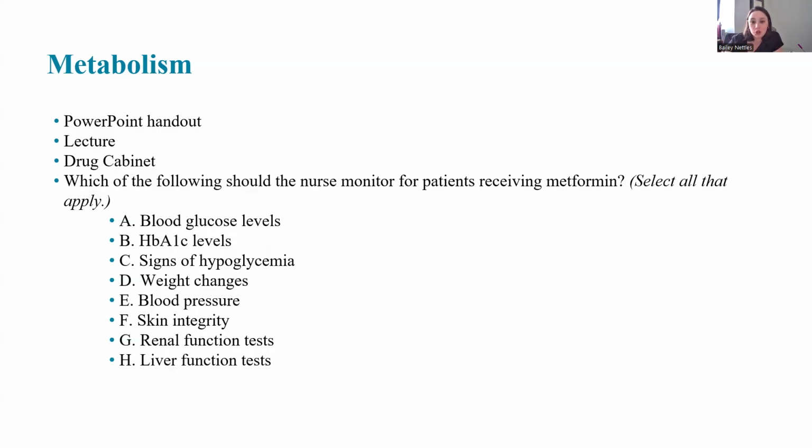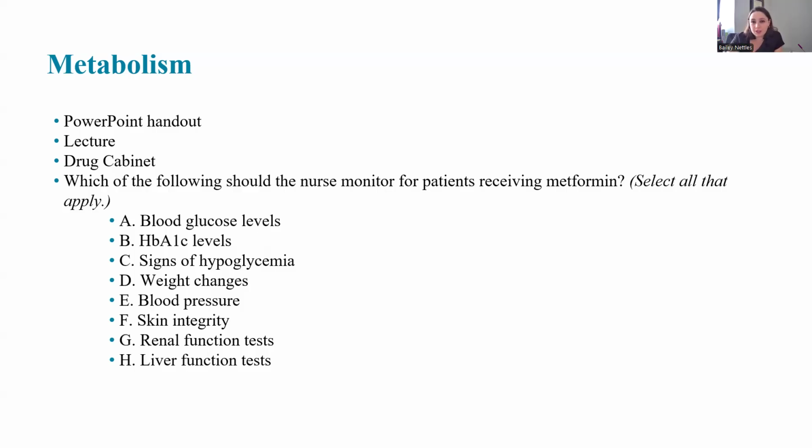Okay. Should we monitor renal function? Yes, we should, because we know chronic kidney disease is a big contraindication. Should we monitor liver disease? That's a yes and no too, because we know that if our liver doesn't work, we can have a buildup of metformin and become toxic.